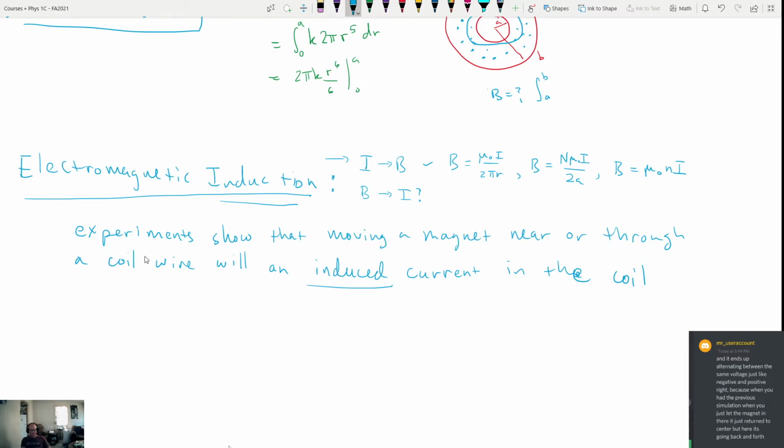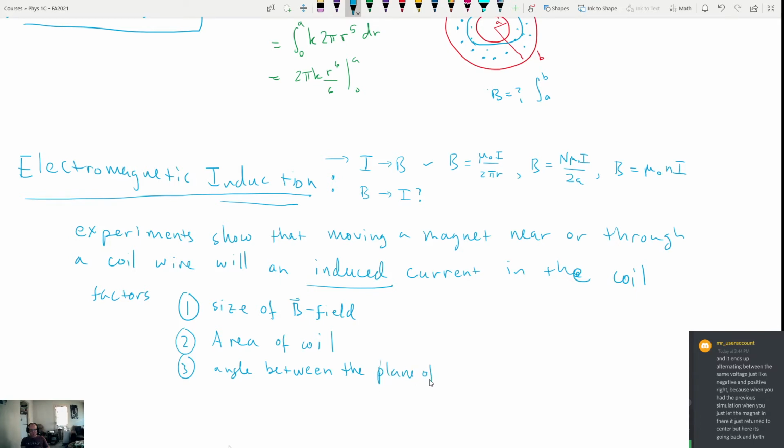And the factors that affect this are: one, the size of the magnetic field. Two, the area of the coil. Three, the angle between the plane of the coil and the magnetic field.